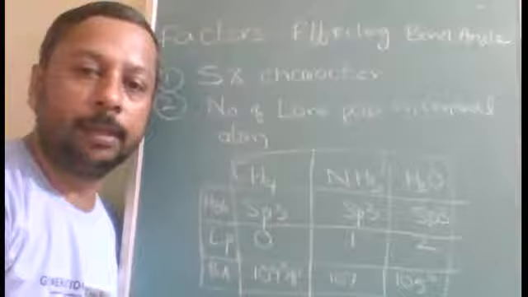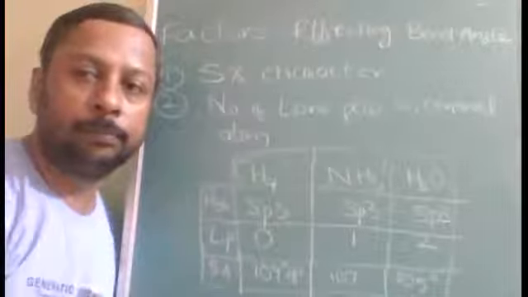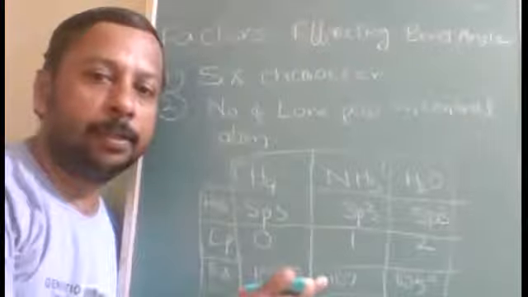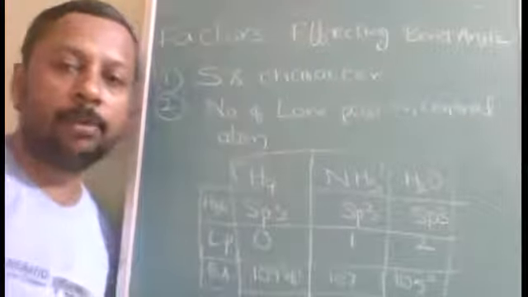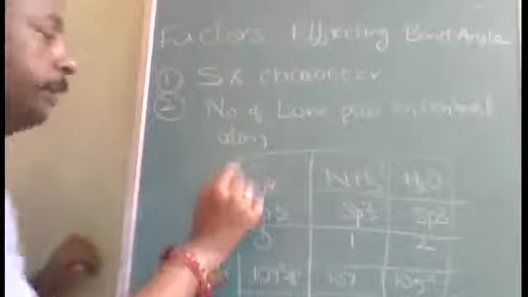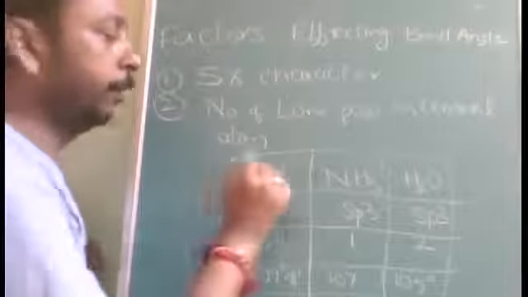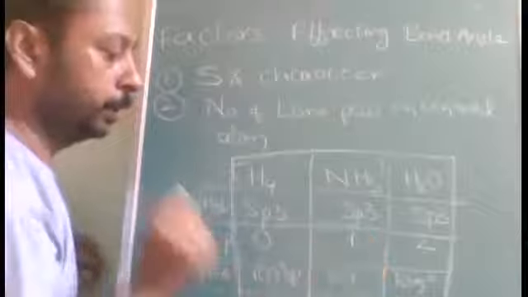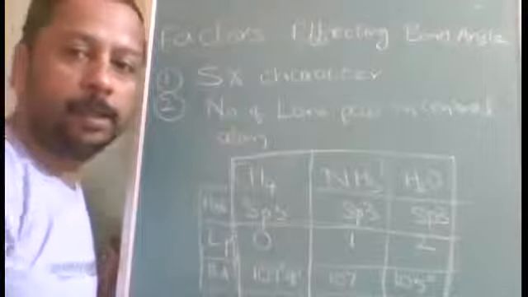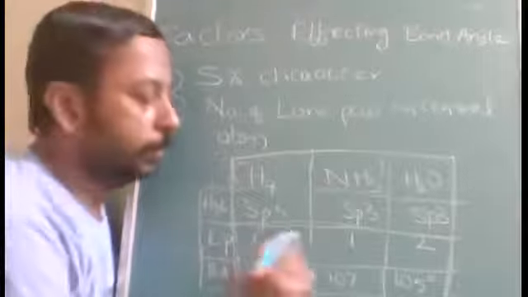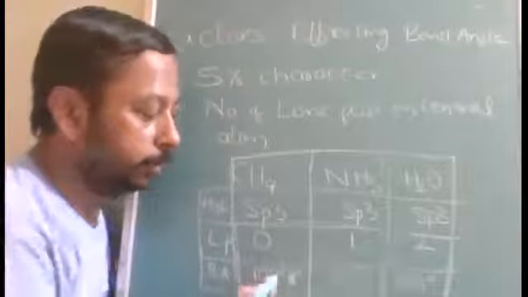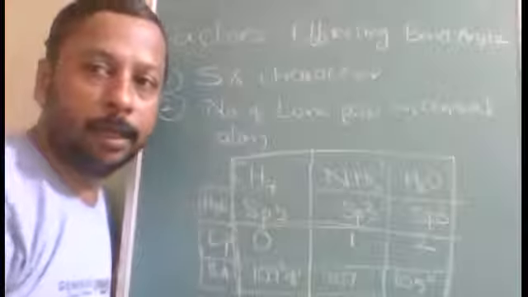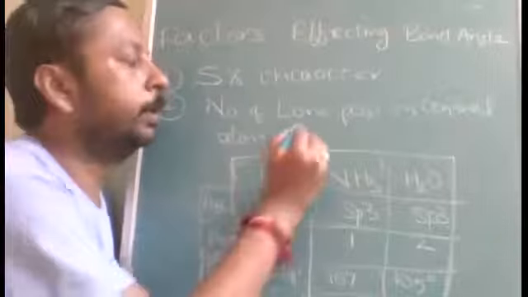Is that clear to all of you? So here it is 109 degrees, 107 degrees and 105 degrees. These are different bond angles, but the common thing is that the hybridization is the same, and the different thing is the lone pairs. So lone pairs are increasing, therefore the bond angle is decreasing.